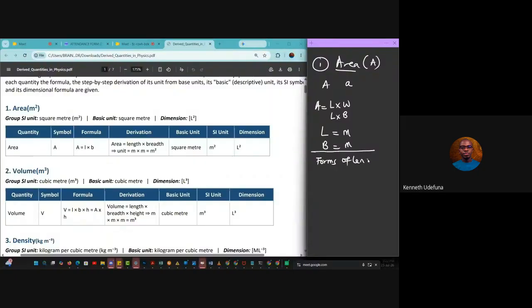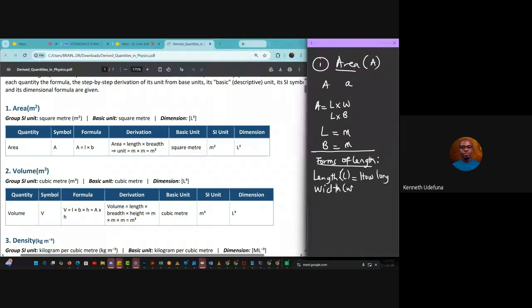Now, the forms of length or types of length that we have are: one, the length. That word length, which is L, simply means how long something is. Then aside from this one, there's another form of length that we call width or breadth.